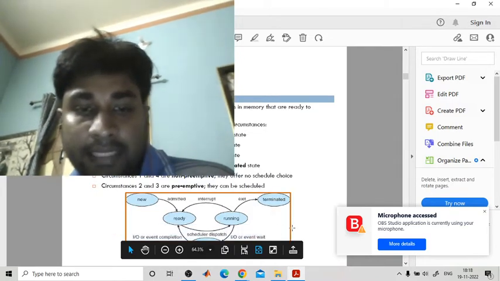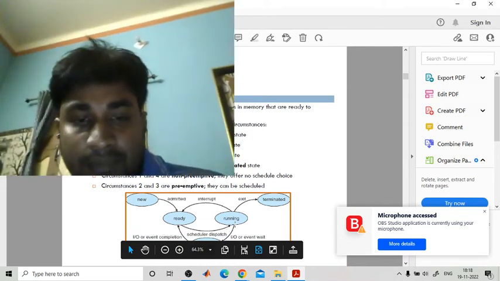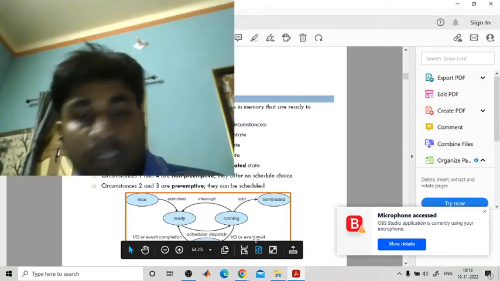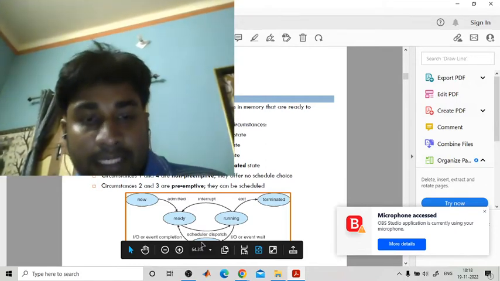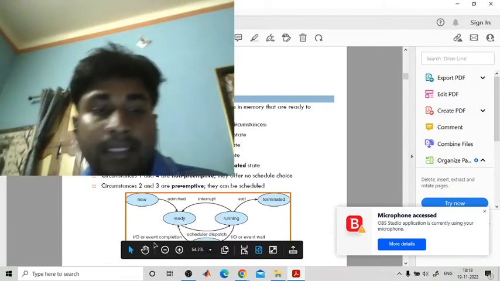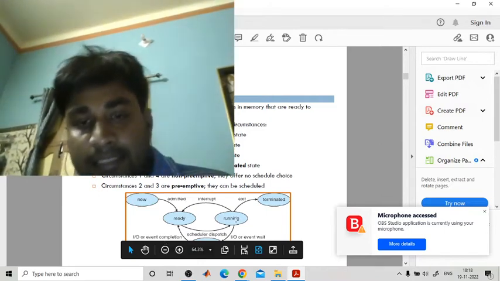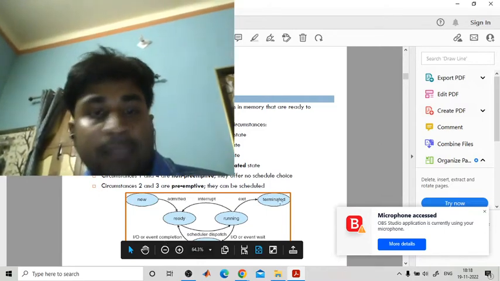Then we have the IO event wait or IO completion. When the process goes from running to the waiting state, it is IO or event wait. When it goes from waiting to the ready state, it is IO or event completion. Finally, from the running state it goes to the terminated state.